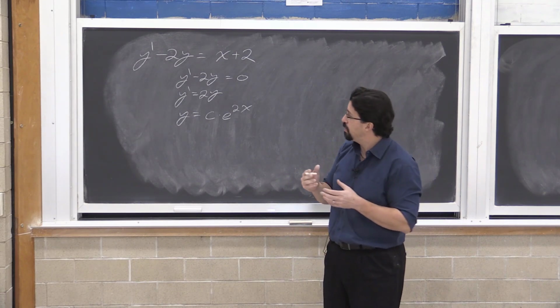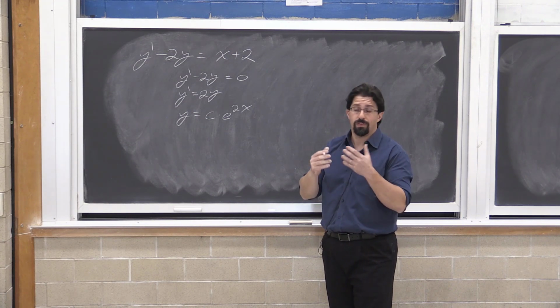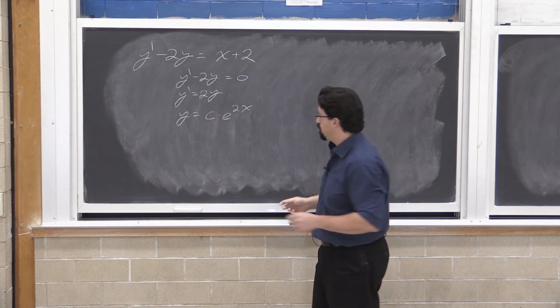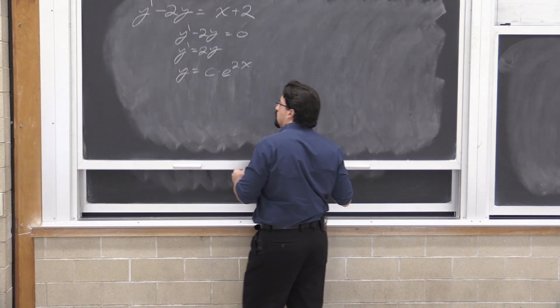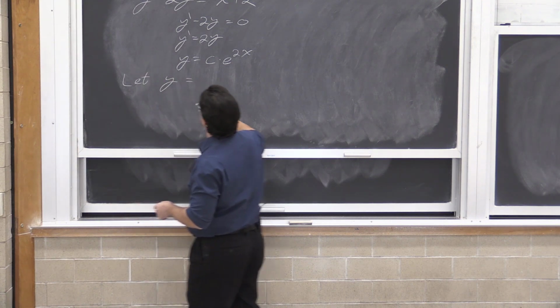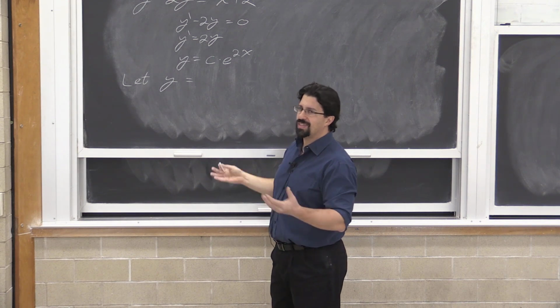We look at the function and we say, what kind of a function could reasonably be a solution? So let's let y be equal to... if y is just a constant, that's not enough.